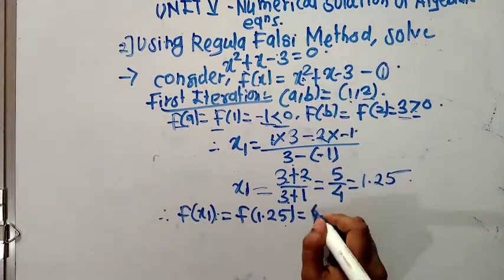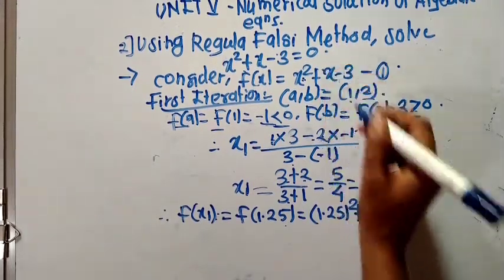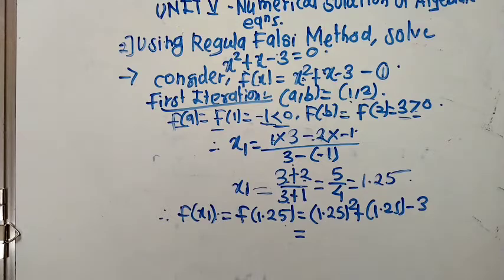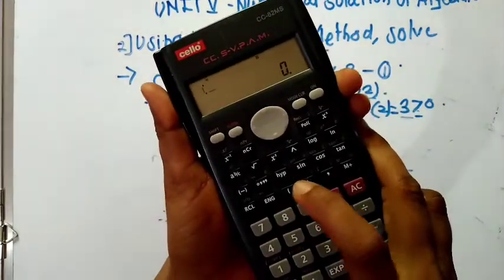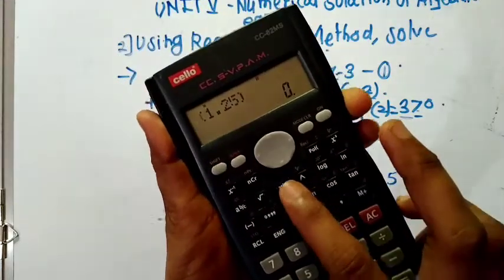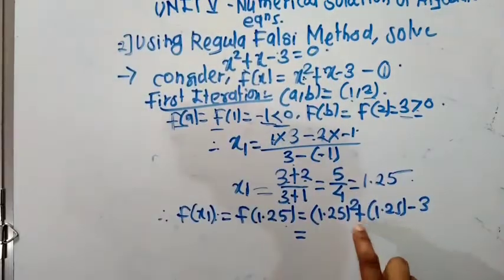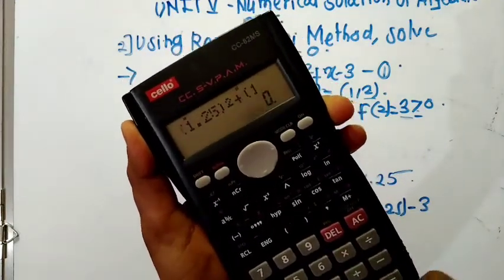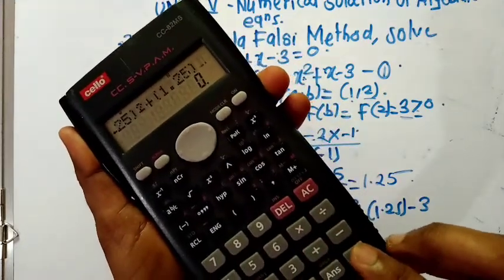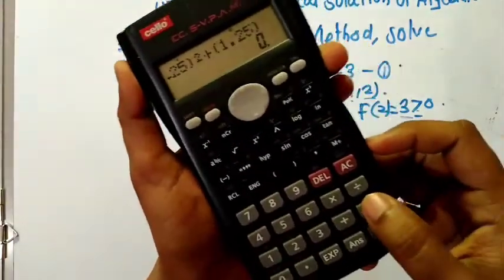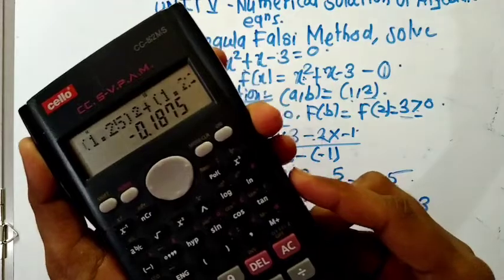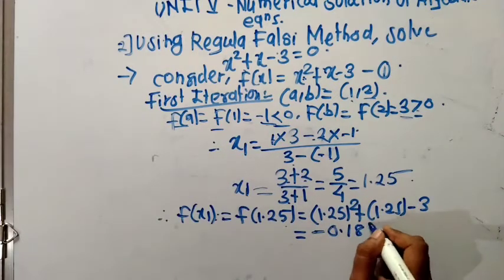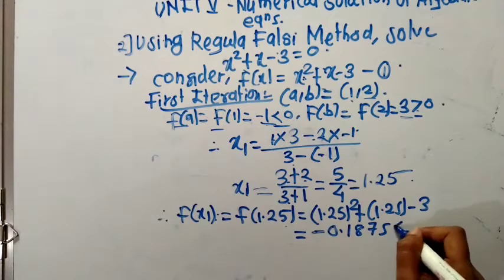Put this value in the equation: 1.25 square plus 1.25 minus 3, which is equal to, by scientific calculator, minus 0.1875, and it is less than 0.